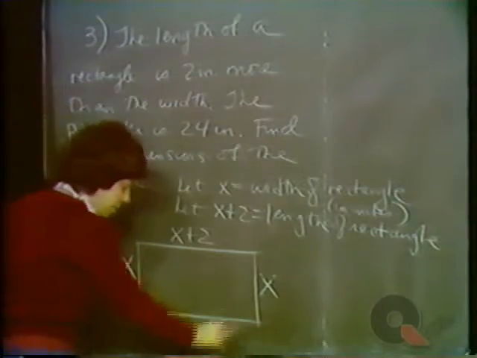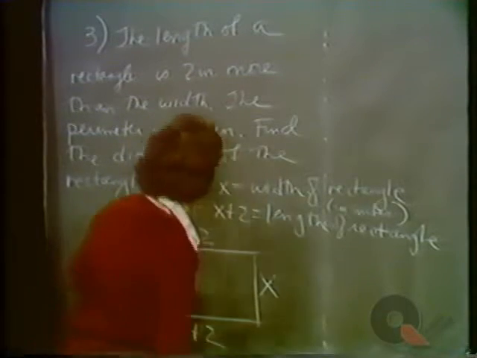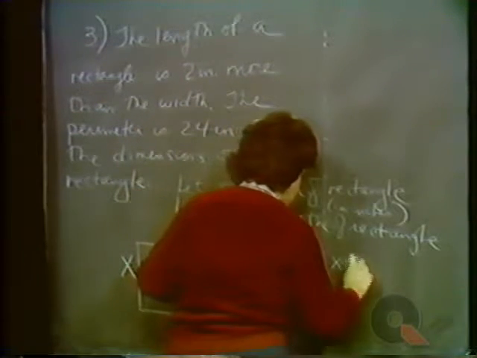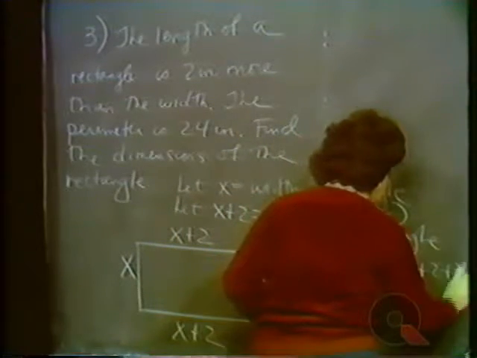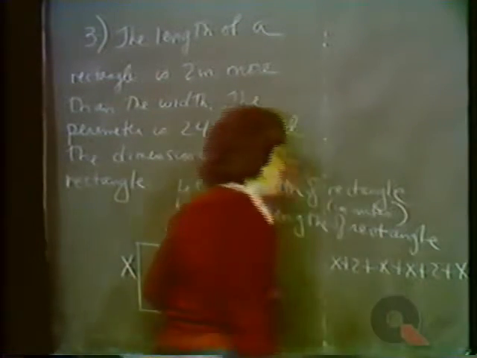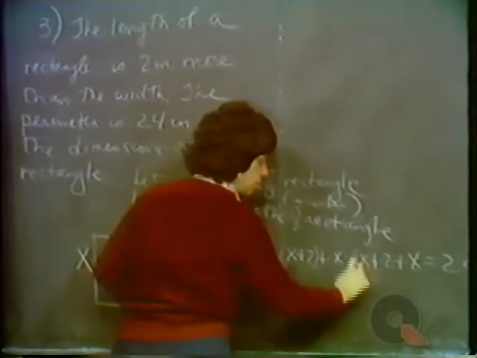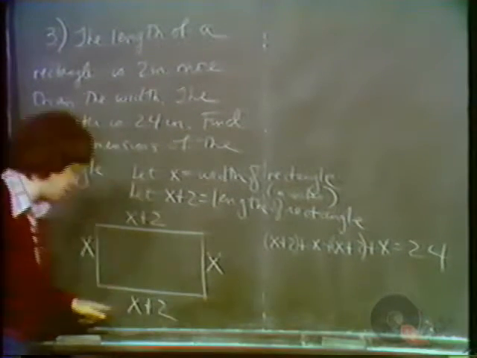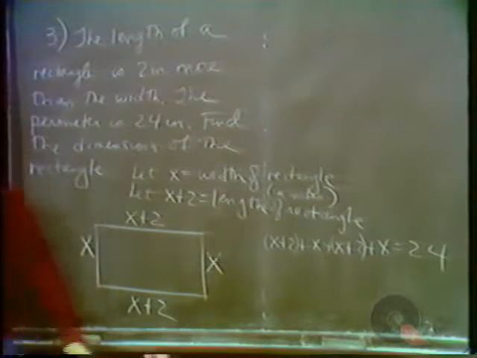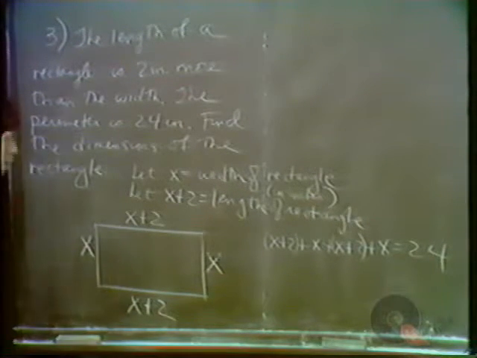But you can just simply add it up as we go around. In other words, the perimeter of this rectangle is x plus 2 plus x plus x plus 2 plus x. That is to be 24 inches. The perimeter is 24 inches. Find the dimensions of the rectangle.